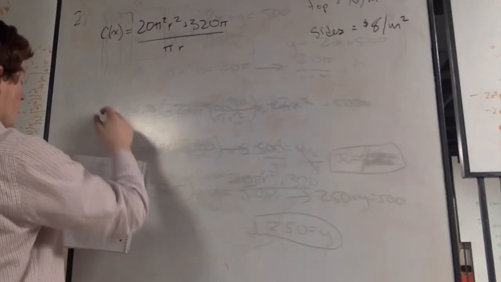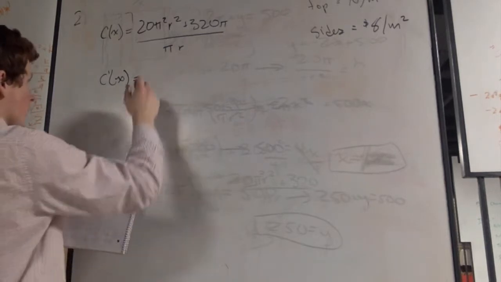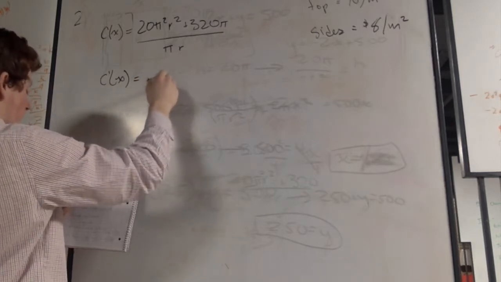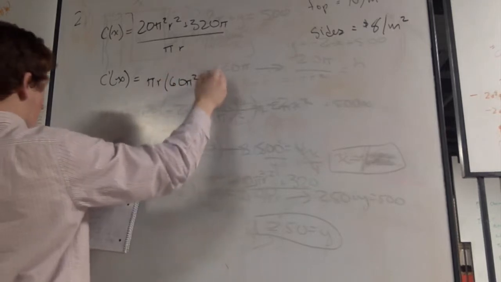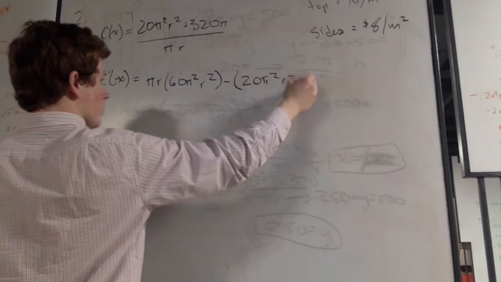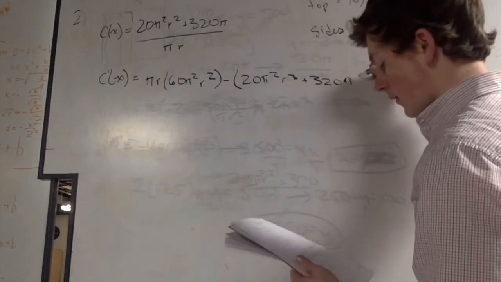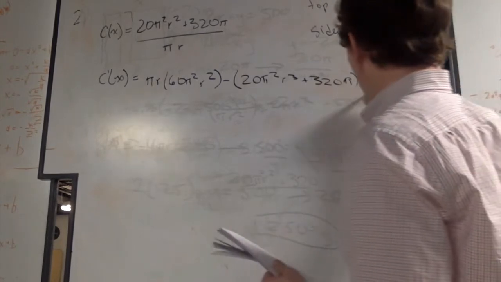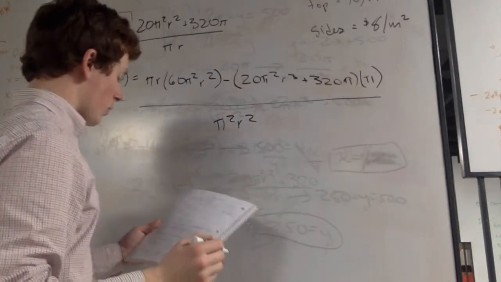So then the derivative of this would go to pi r over pi r, 60 pi squared r squared minus 20 pi squared r cubed plus 320 pi times pi, all over pi squared r squared. And that was done using the quotient rule.